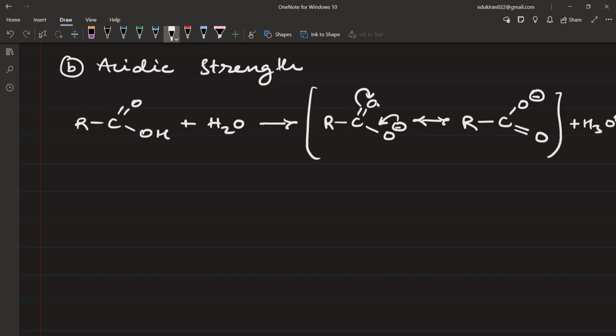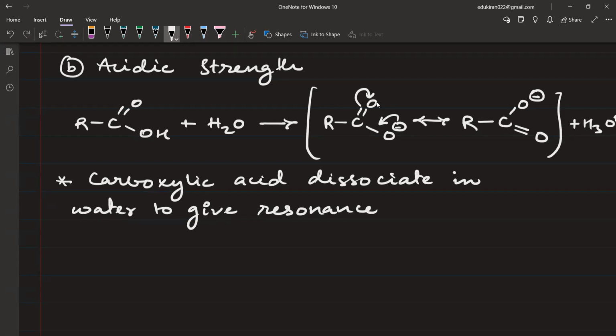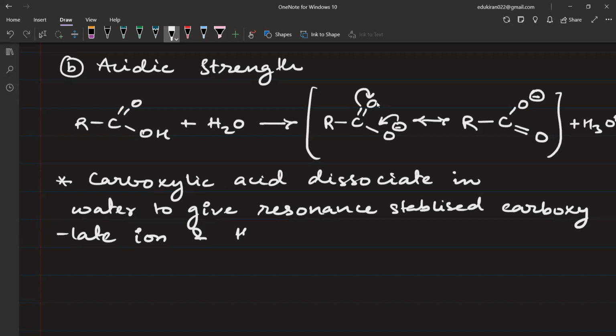So please write the point: carboxylic acid dissociates in water to give a resonance stabilized carboxylate ion and H3O plus.